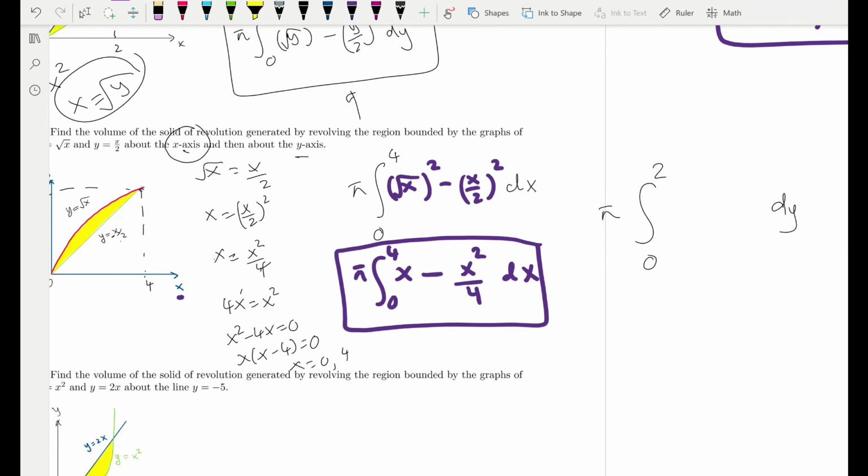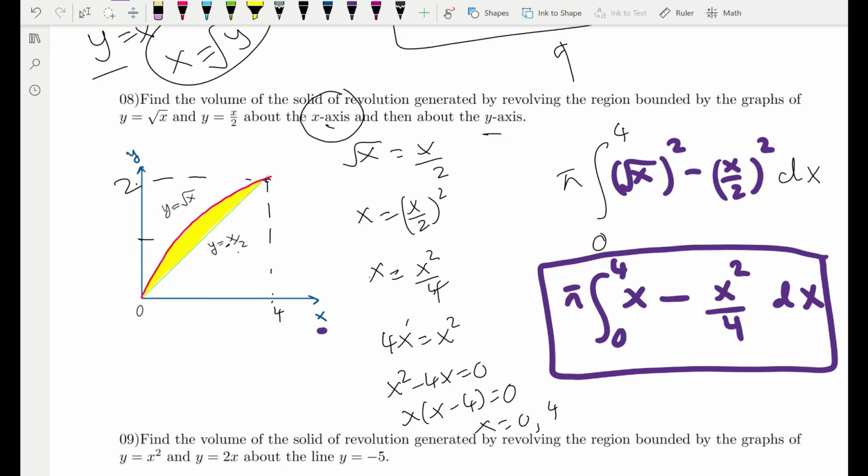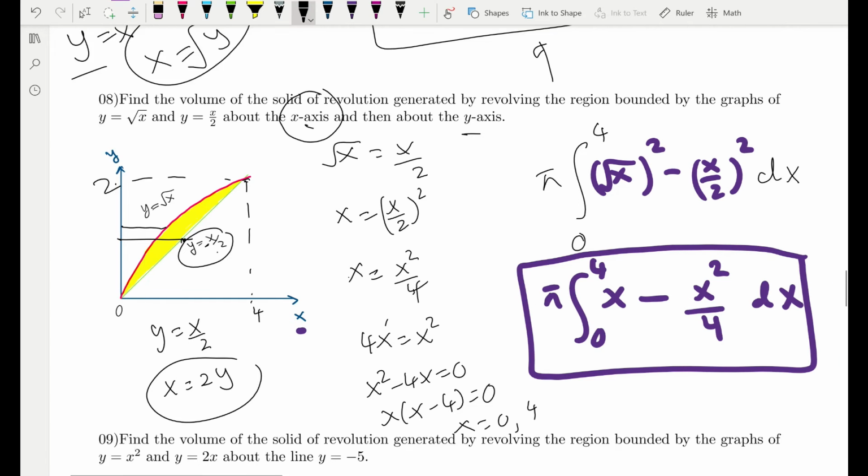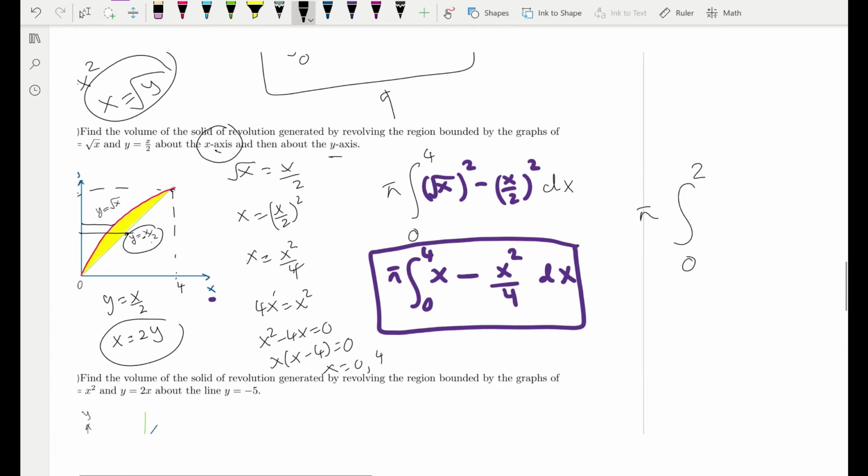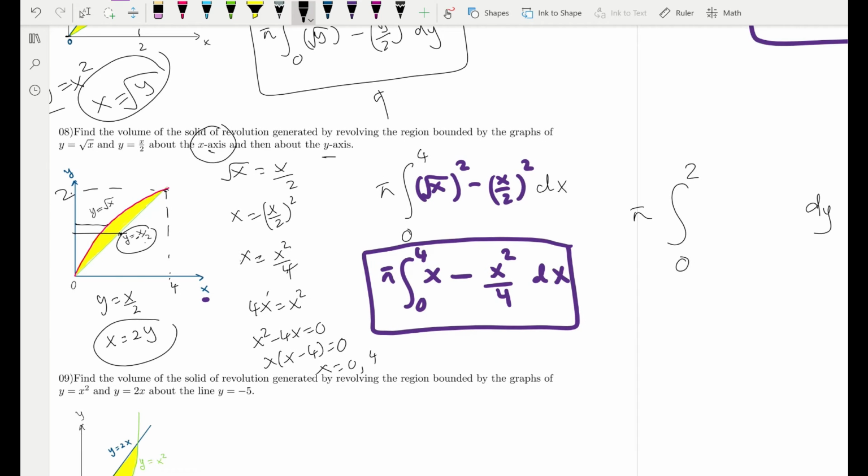Draw two lines from the y-axis until you meet both functions. See, which one is larger, which one is longer? The function on the right. But you can't use that as is because you have to change that function. y equals x over 2 becomes x equals 2y. That's the new format. Write the function in terms of y, make x the subject. So that's the function that we square first: 2y squared, because that's the function on the right with the longer radius.